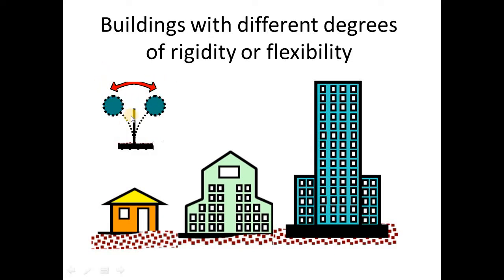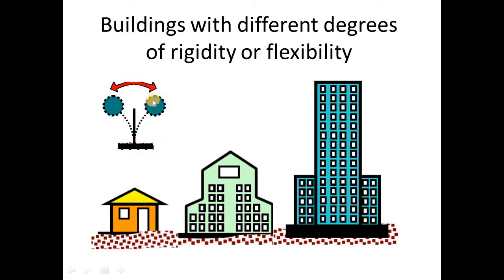The speed at which it starts to sway from one side to the other side depends on many factors, but we oversimplify it into, as I mentioned, degrees of rigidity or flexibility. When an earthquake hits a rigid building and it starts to sway laterally, it sways in a very rapid manner due to its rigidity.